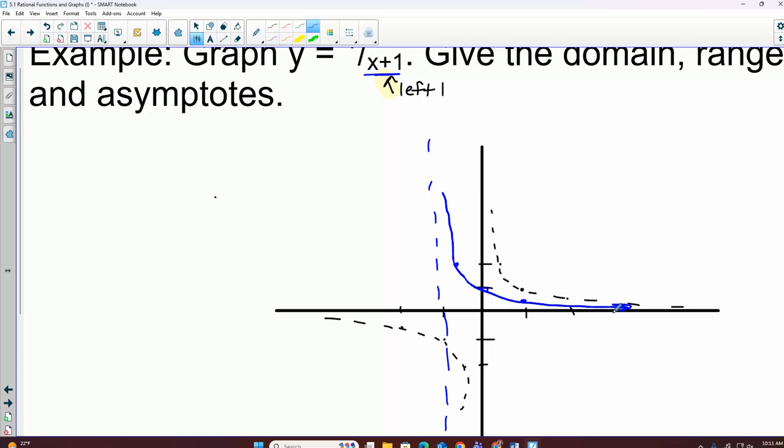Did my horizontal asymptote move? No, it's still at 0. What would cause that to move? The vertical moves if we go left or right, so what would make the horizontal move? Up and down.